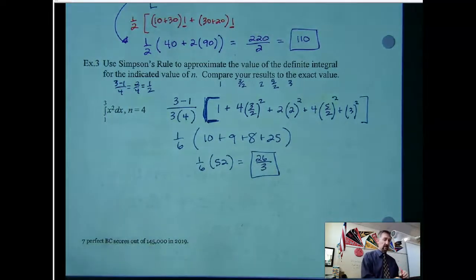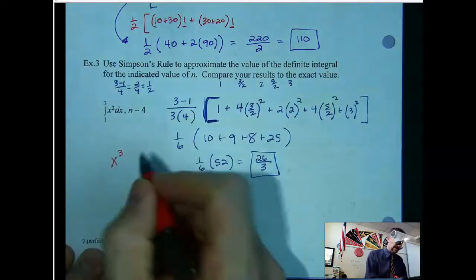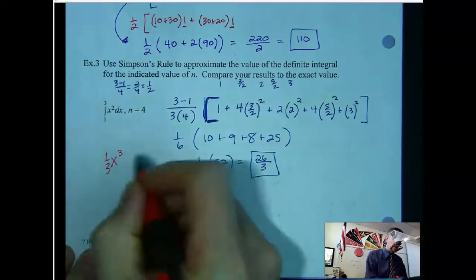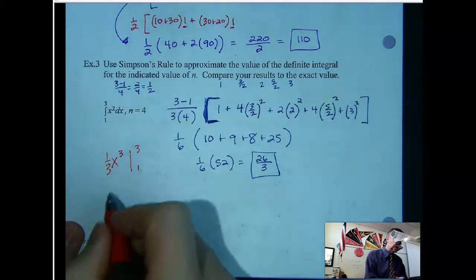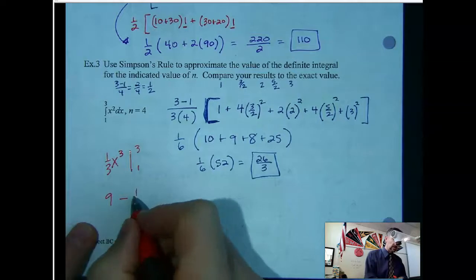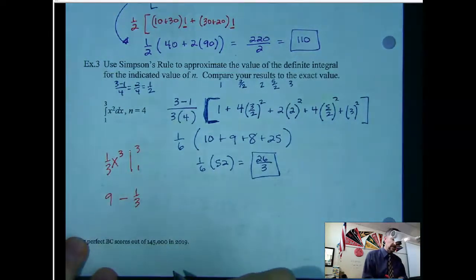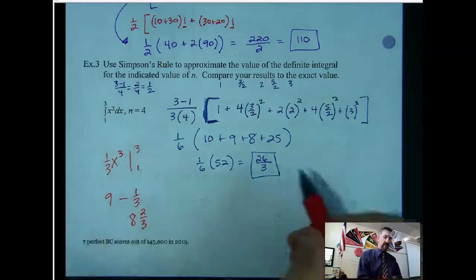All right, so if we do the exact value here, if we integrate that, add 1 to the exponent, divide by the new exponent from 1 to 3. So that's going to be 27 over 3, which is 9 minus 1/3. So that's going to be 8 2/3 is the exact value.